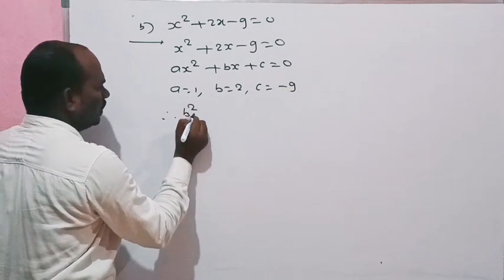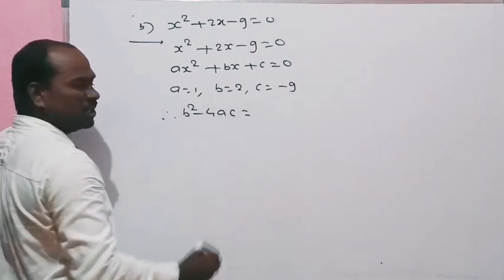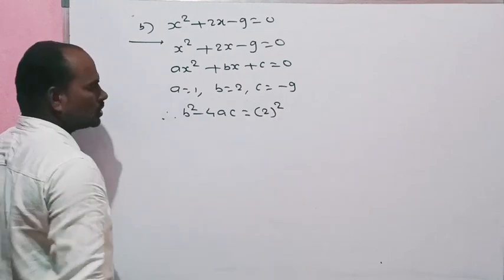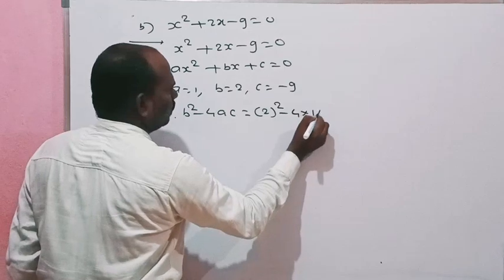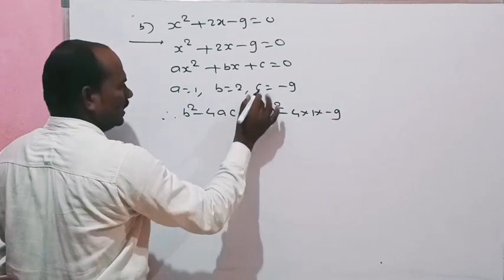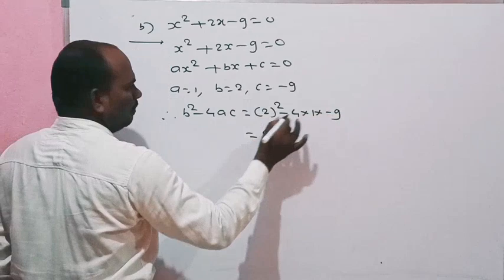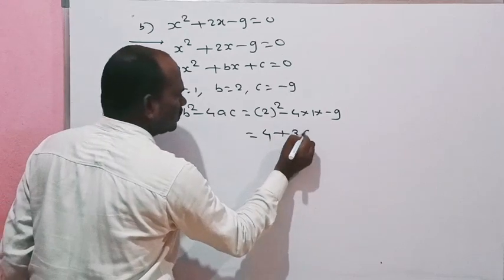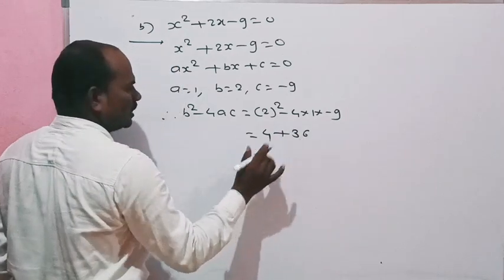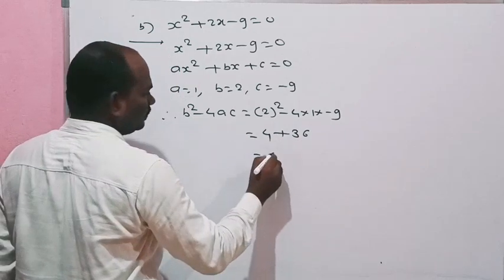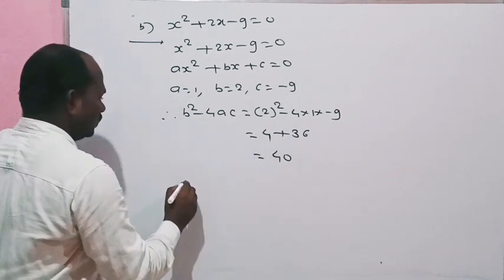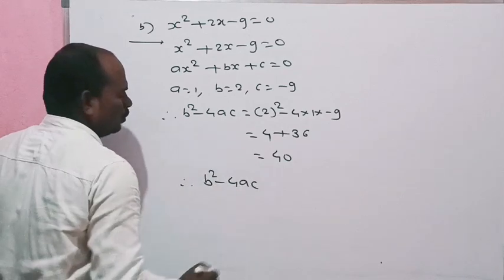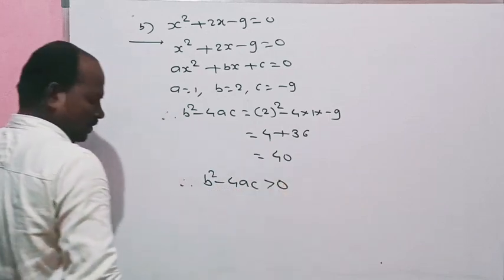Therefore, the value of b square minus 4ac: b square is 2 square, minus 4ac, that is minus minus plus, 9 ones are 9, 9 fours are 36, that is 4 plus 36, and it is 40. Therefore, the answer will be b square minus 4ac greater than 0.